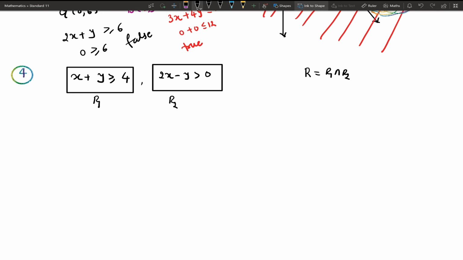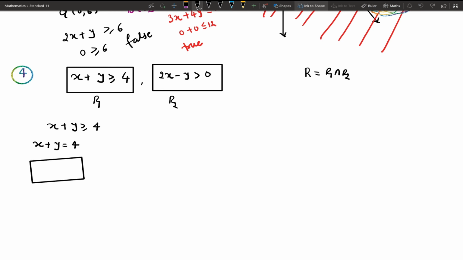So now let us focus on x plus y greater than or equal to 4. You take the equality, x plus y equal to 4. So this is the line.